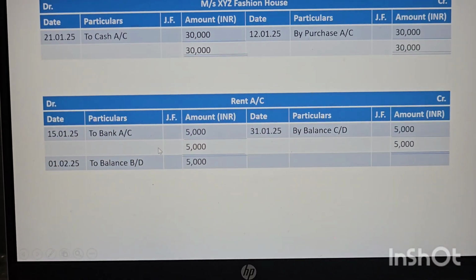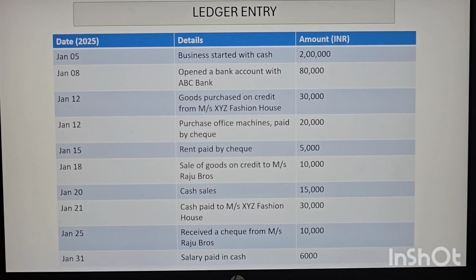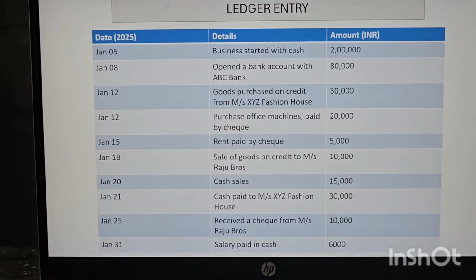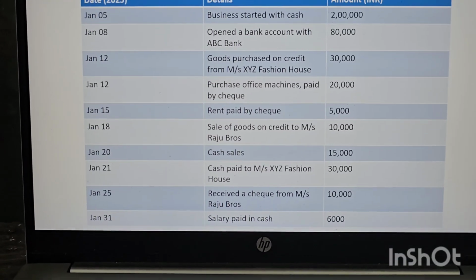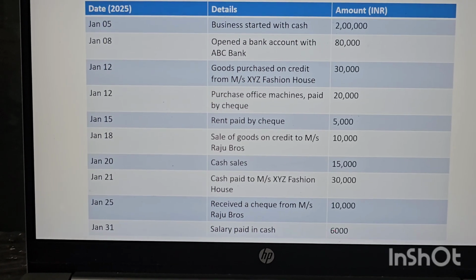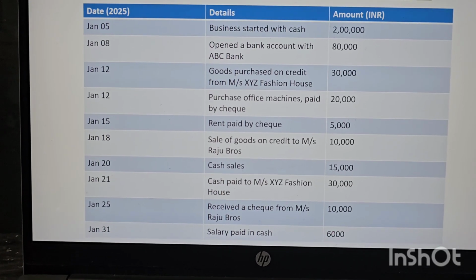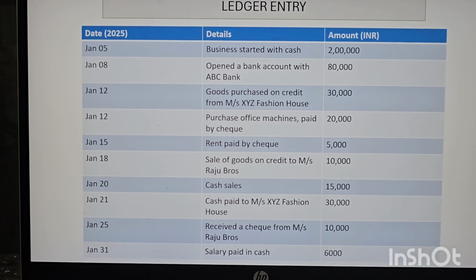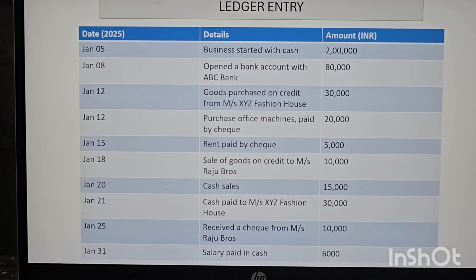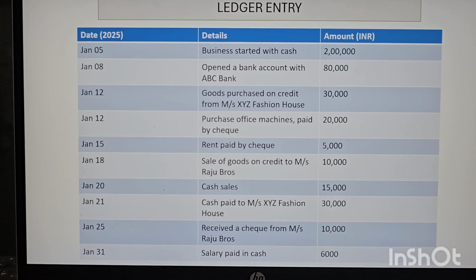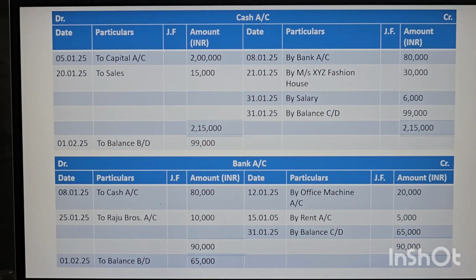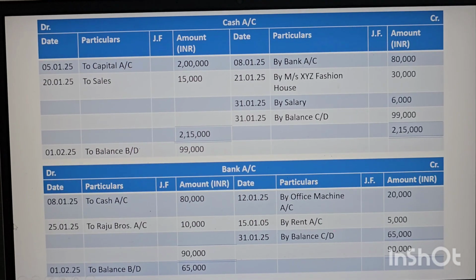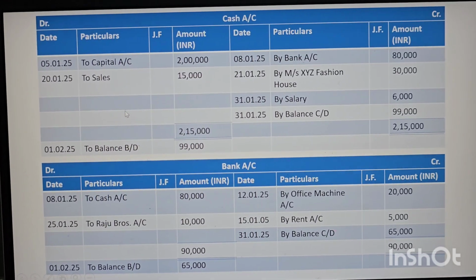So what is our next entry that has happened? It is cash sales of 15,000. So what should be the entry for the cash sales? The entry should be cash account debit to sales, just the way we did it in our last class. So how should the ledger accounts be posted? Go to the cash account and we need to update it as cash account is being debited.